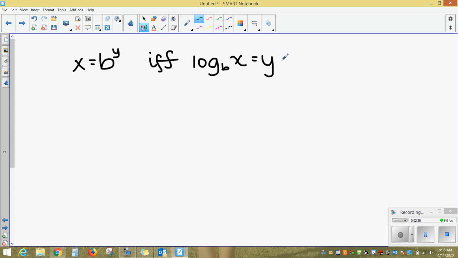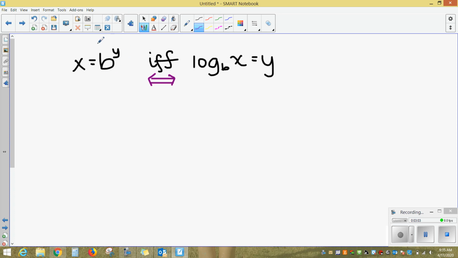We're going to talk about logarithm functions, and our logarithm functions are functions that are inverses to our exponentials. Now remember that an if and only if statement is one that can be read in either direction, meaning if I start with the stuff on the left, I could write it in terms of the right side, or if I started with a statement on the right side, I could go back and write it in exponential form.